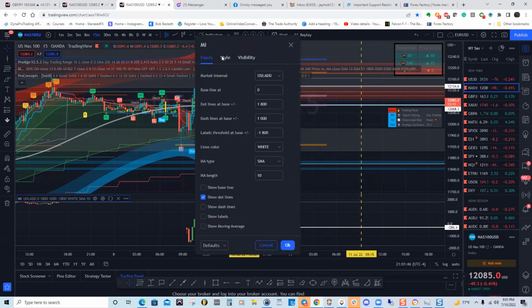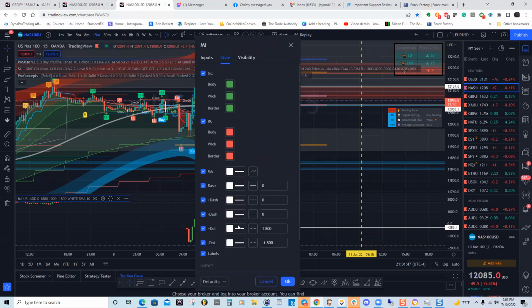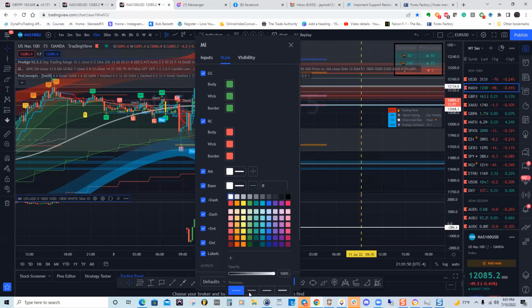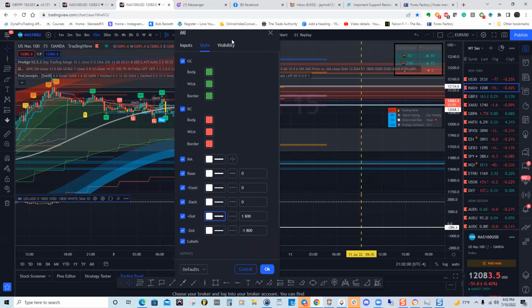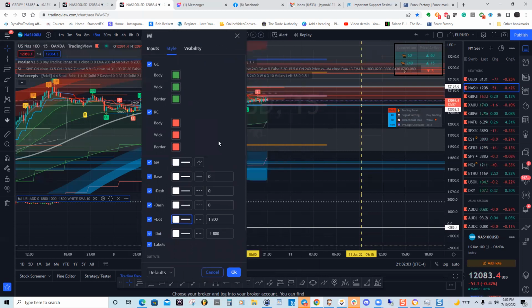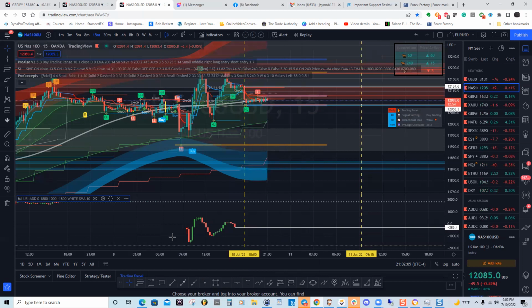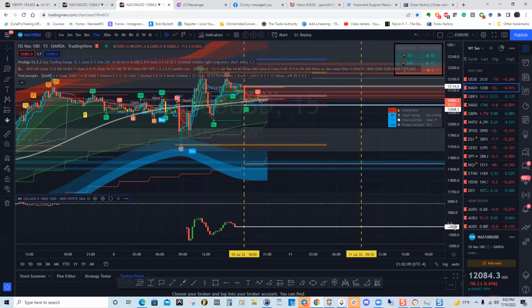The dot lines. I'll make the dot look bigger. There we go. Yeah, see? That's good. Dot lines, okay, that's good. So it's dot lines. That might be what I need here. So it's 1800 up here and 1800 down below.